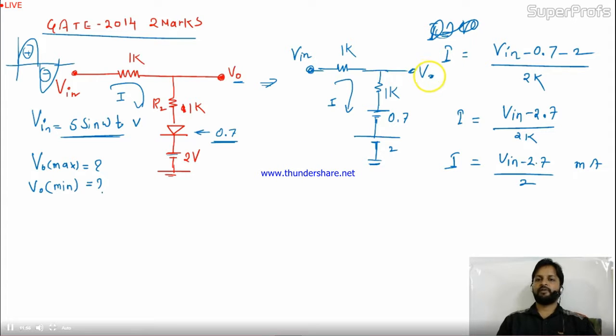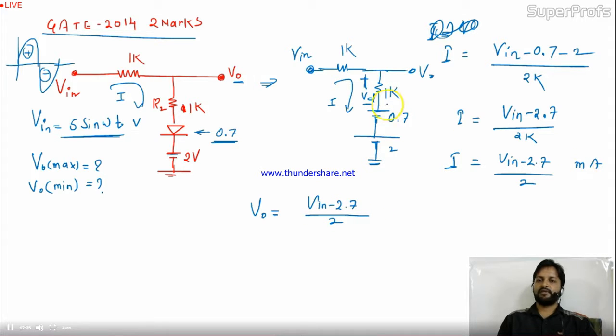So what will be V0? V0 will be the voltage drop across 1K plus 0.7 plus 2. The voltage drop across it is in this direction because current is coming from V in to ground. So let's take some drop VD, and the value of VD will be current into resistance, 1K into (V in minus 2.7) divided by 2.